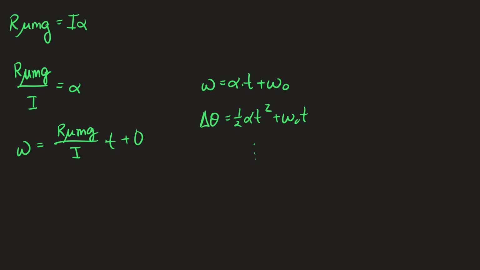Now, do you see that this is the same thing we just did? But again, from the very beginning, would you have been able to derive an expression for the angular speed as a function of time? Because that's what we've done.